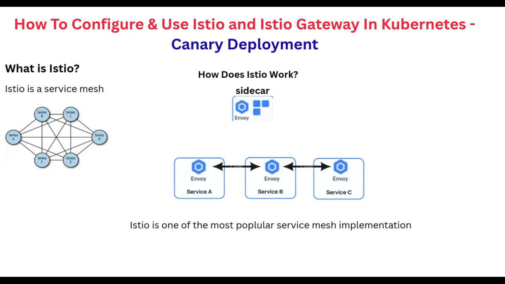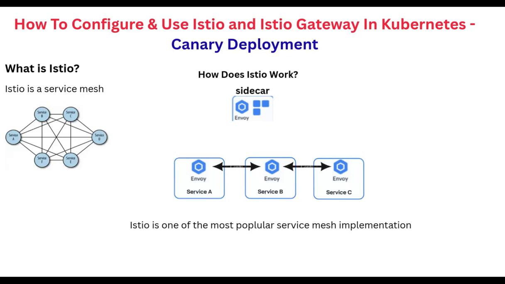With Istio, you can actually do canary deployment. It provides security, like traffic encryption. With Istio, you can have observability: your metrics, your tracing, your logs. That's the essence of having Istio.